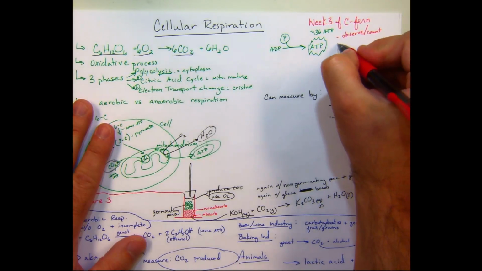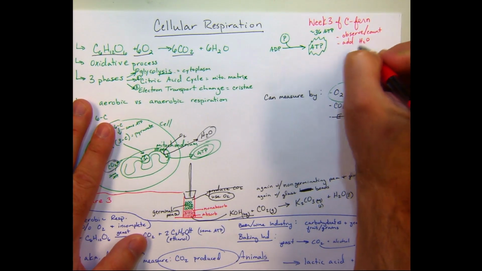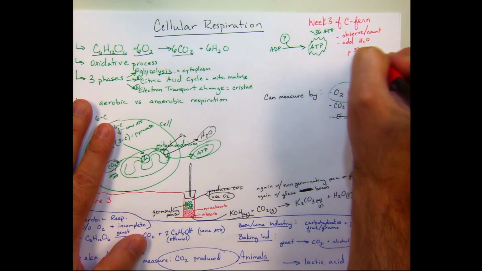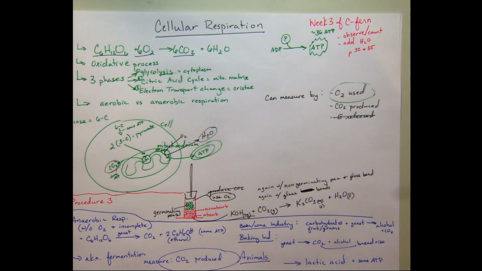And don't forget to add some water. You can see the instructions on page 32, and I think you're going to write your information on page 35. I might be backwards. So refer to those pages of your lab manual.